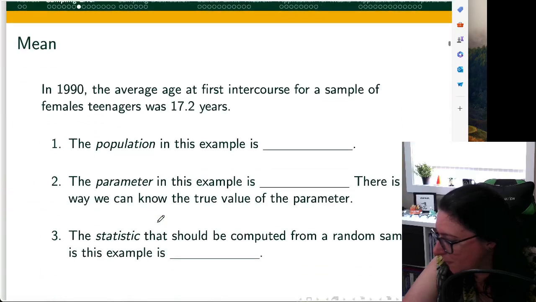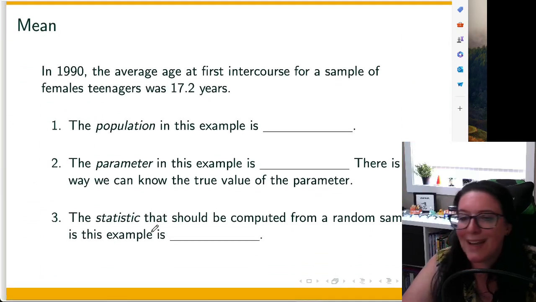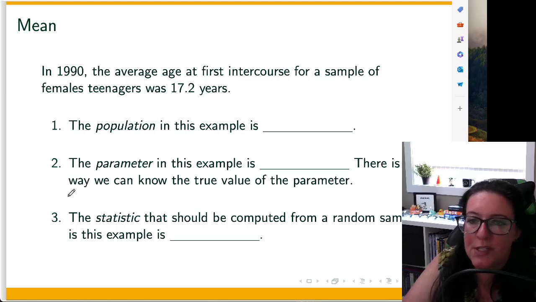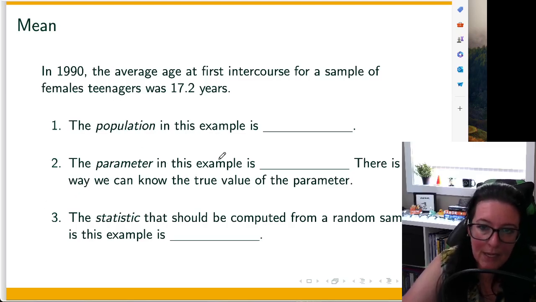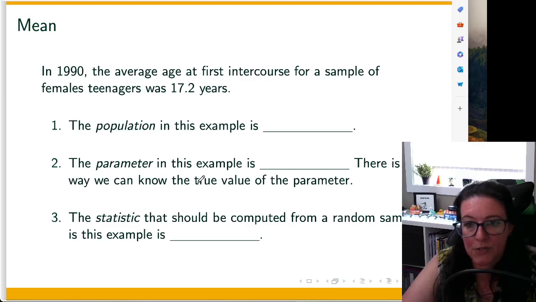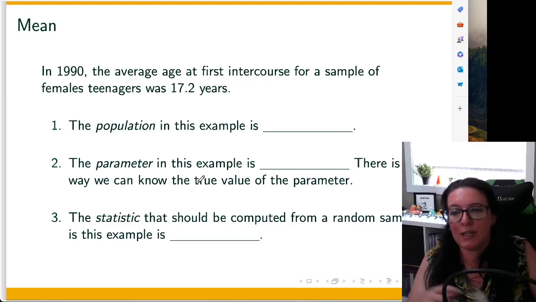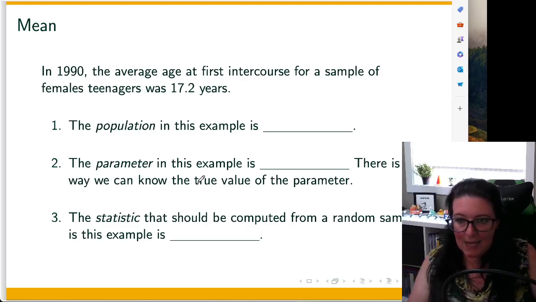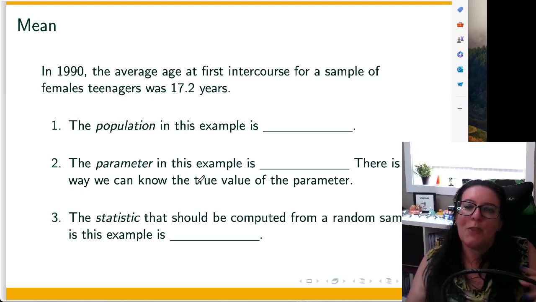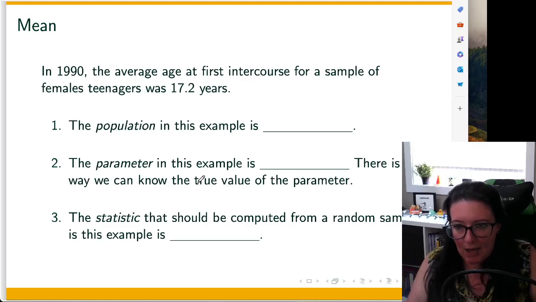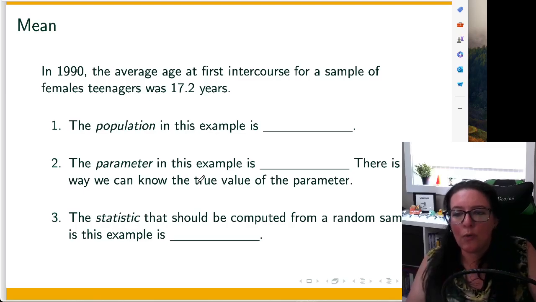Okay. So let's look here at an example. In 1990, the average age of first intercourse for a sample of female teenagers was 17.2 years. What is the population in this example? Well, the population in this example is female teenagers, all female teenagers in 1990. The parameter in this example is going to be their average age, but we don't know the true value of that average age.